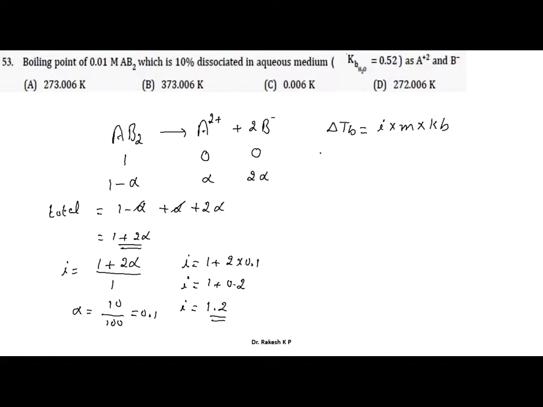What is delta TB? It is TB dash minus TB naught, where TB dash is the boiling point of the solution and TB naught is the boiling point of the solvent. The i value we got is 1.2, the molality given is 0.01, and the KB value for water is 0.52.